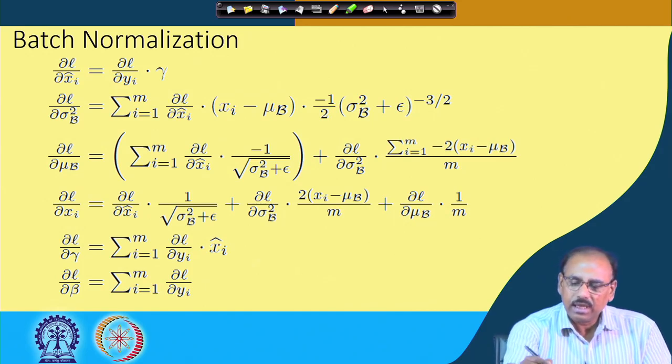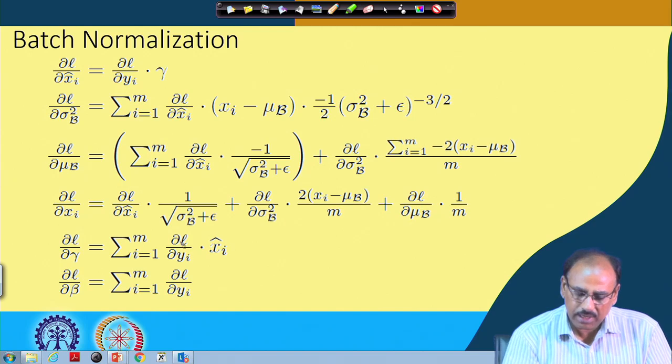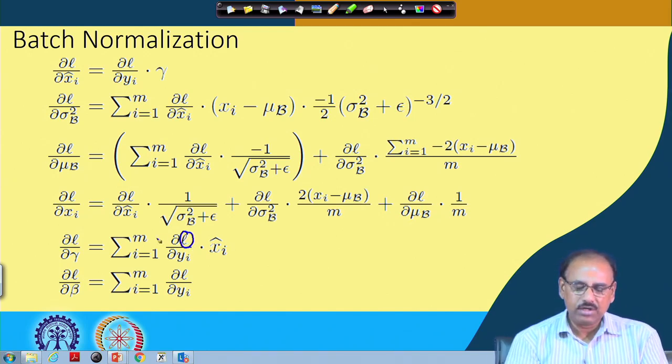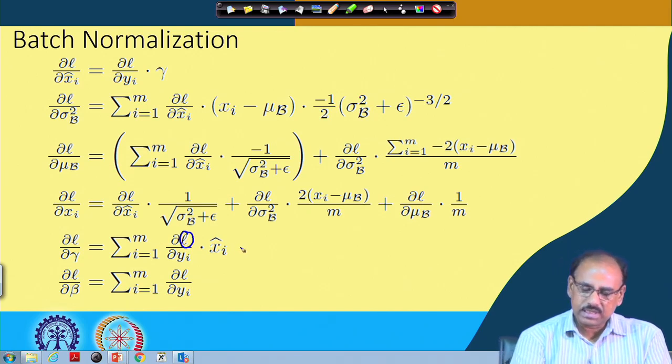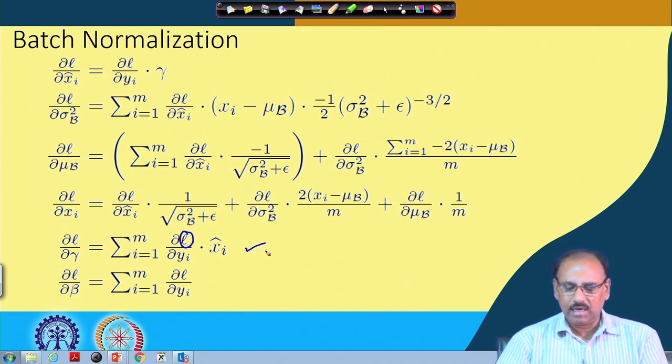Here L is the loss function. What I need to compute is del L del gamma, which is given by del L del yi into xi hat, taking the summation over all the samples in the batch, that is i equal to 1 to m.